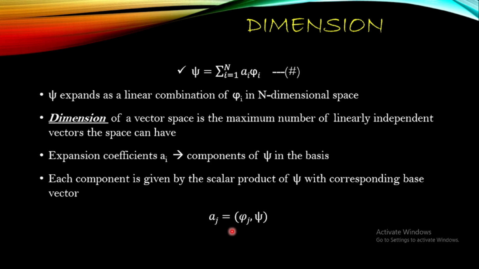The maximum number of linearly independent vectors in that space gives the dimension of the space, and the coefficients present are called components, and each component can be found by considering the inner product of the wave function with its basis vector, that is, phi_j with xi.